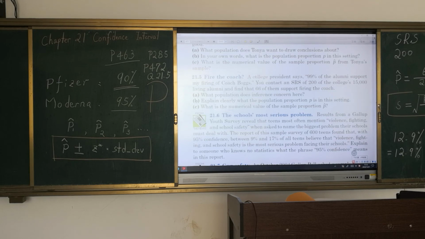So how to apply the formula here? What's the number here? 200. Good. And here we use decimal, okay? And 1 minus 0.33.